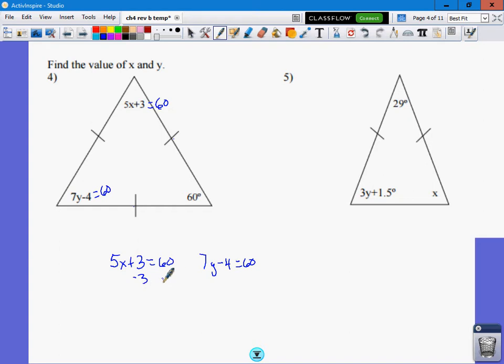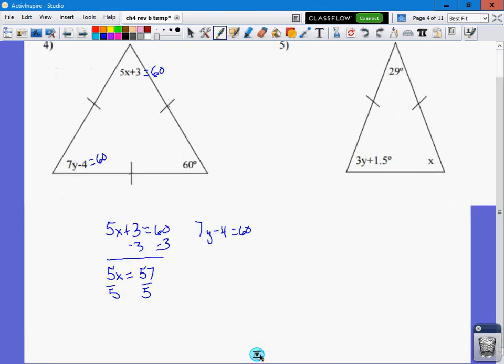If I subtract 3 from both sides, I have 5x is equal to 57, and I'm going to divide both sides by 5. X is equal to 57 over 5.